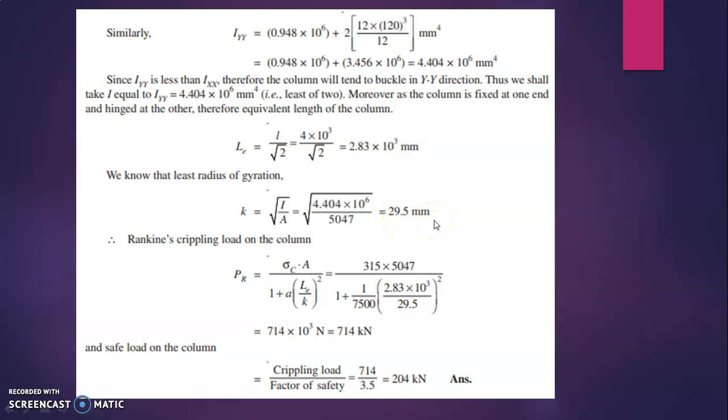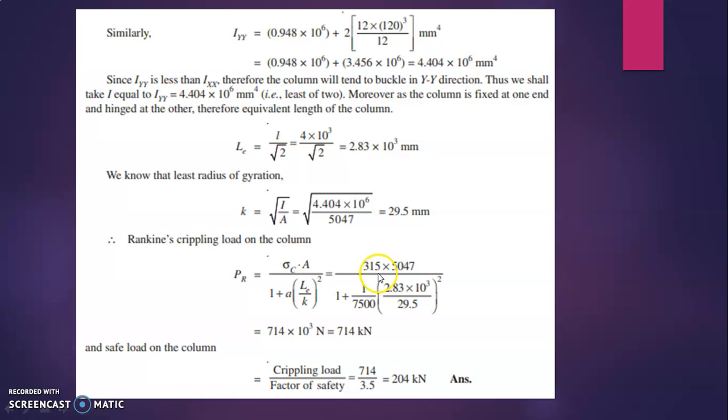Once you know all these values, you can substitute in Rankine's crippling load equation, that is PR is equal to sigma C into A divided by 1 plus alpha, or some books have written it as a also. You can consider either alpha or a, into LE divided by K whole square.